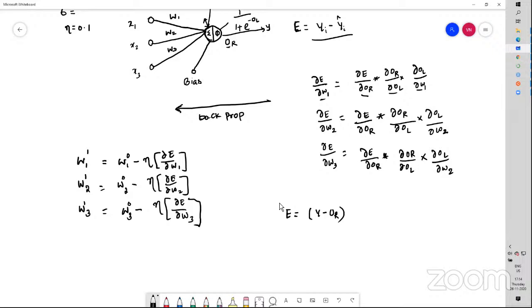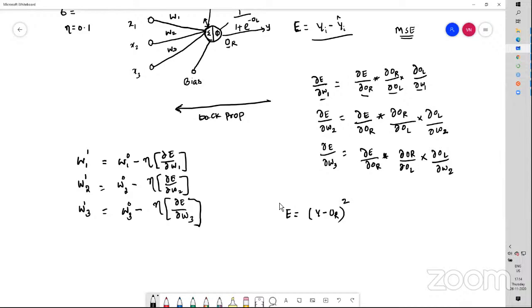The reason is we need to choose a cost function. And what is going to be the cost function? The cost function is not straightforward. Let's say we choose the cost function as MSE, that is mean squared error. Then what is our error?